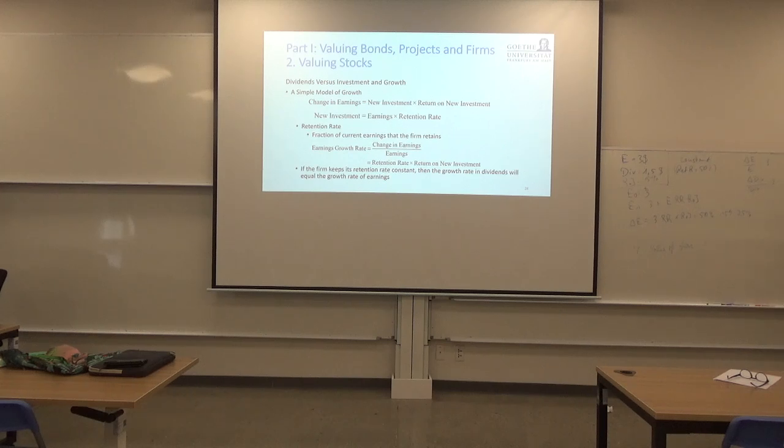We should call this the required return on equity, or the cost of equity, the rate that the capital market expects. So we should add this somewhere. ROE, let's say 12%.